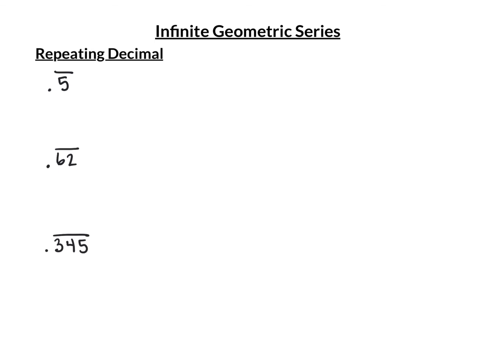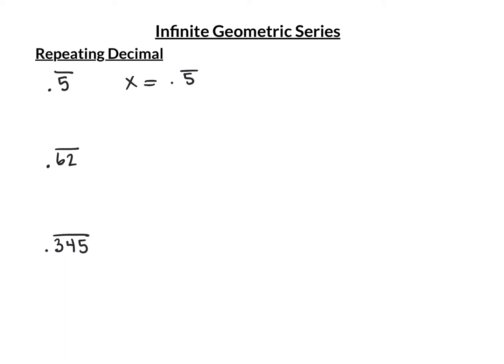Here's another way you can find the fraction for a repeating decimal. Call that repeating decimal x. X equals 0.5 repeating. Then multiply by a power of 10 determined by the number of places that repeat. If one place repeats, you're just going to multiply by 10, 10 to the first.